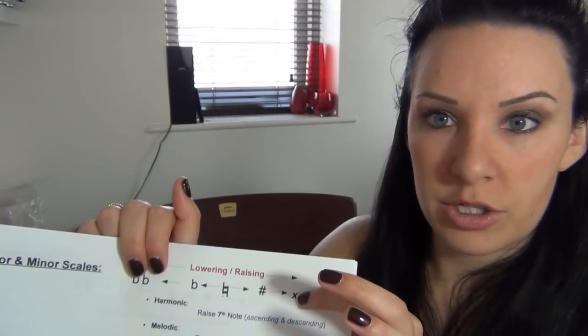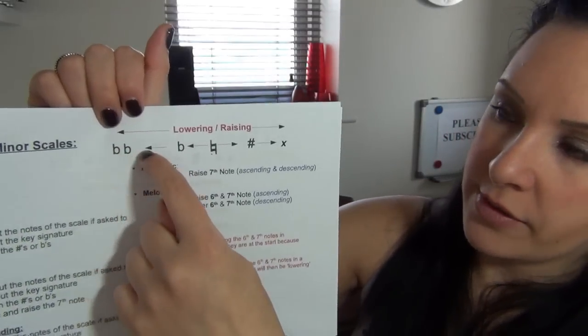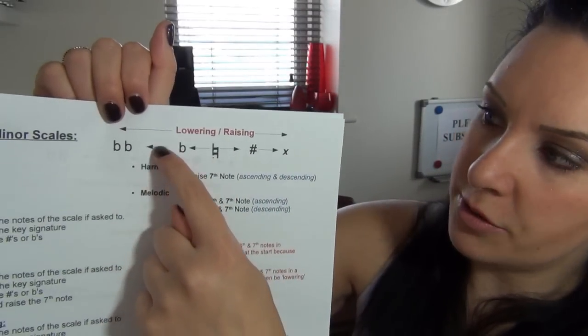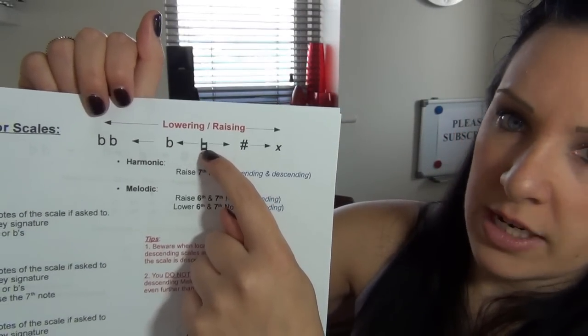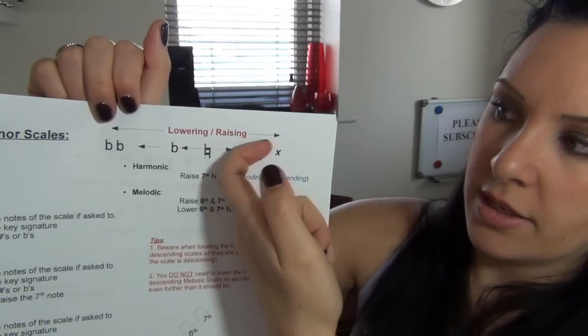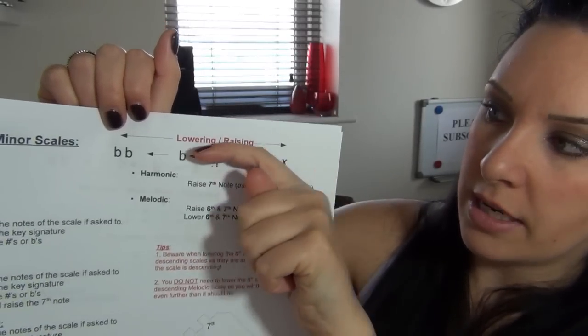So if your 7th note was a D sharp, and you know you've got to raise it, rub out the sharp you've just put in front of it and exchange it for an X, which would give you a double sharp. So have a look at this little helpful chart up here as well. Starting with a natural sign in the middle, if you're raising it, you go this way, and if you're lowering it, you go that way.